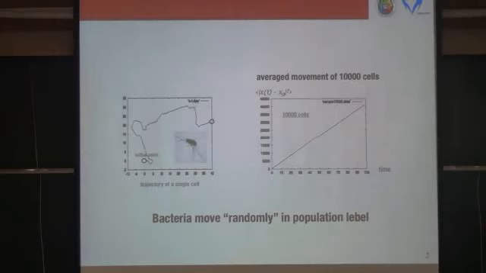This axis is time, and this axis is the square of the distance between the initial point and some point at time t, for example. So you can see a very nice straight line. Okay. So this means diffusion. So bacteria move randomly at the population level. Okay. So please think about that.